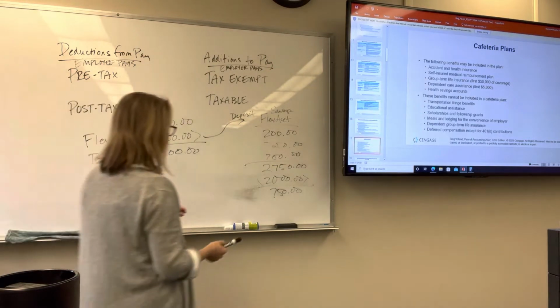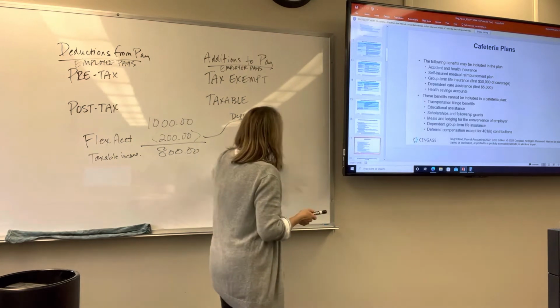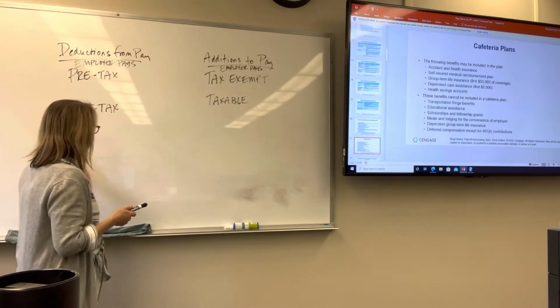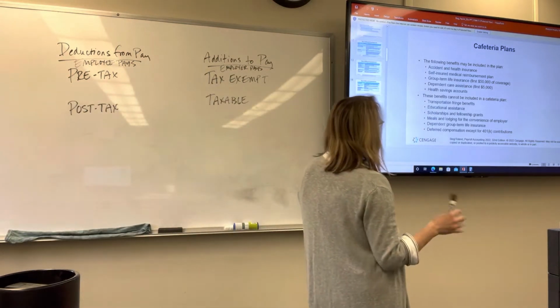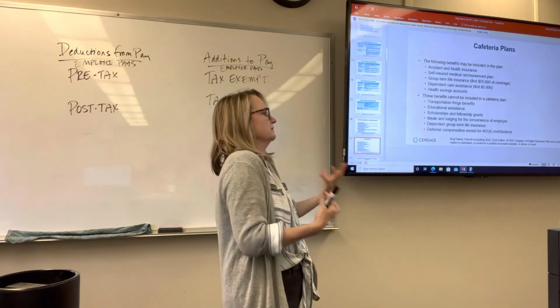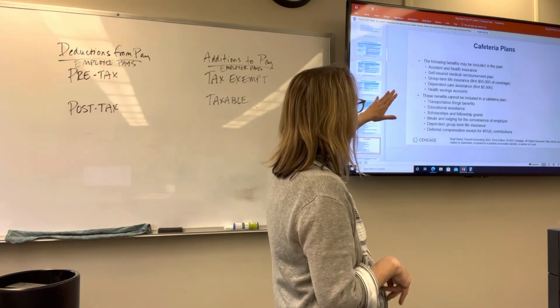So I mentioned these cafeteria plans, and they're just specific types of benefits that are part of the cafeteria plans. They're medical related, well, sort of medical, not all medical related. They're like lifestyle related. Accident and health insurance could be included.